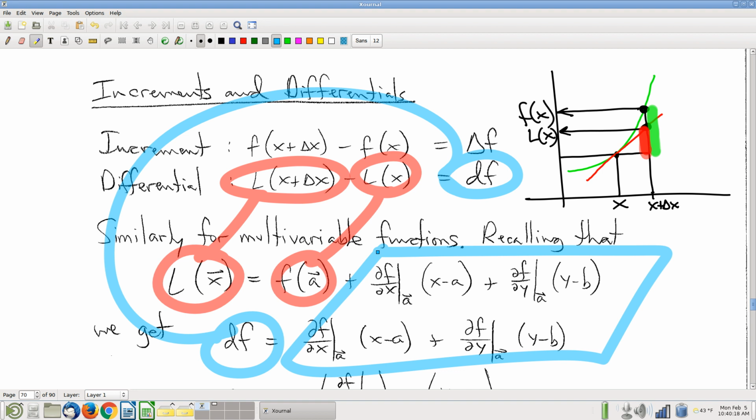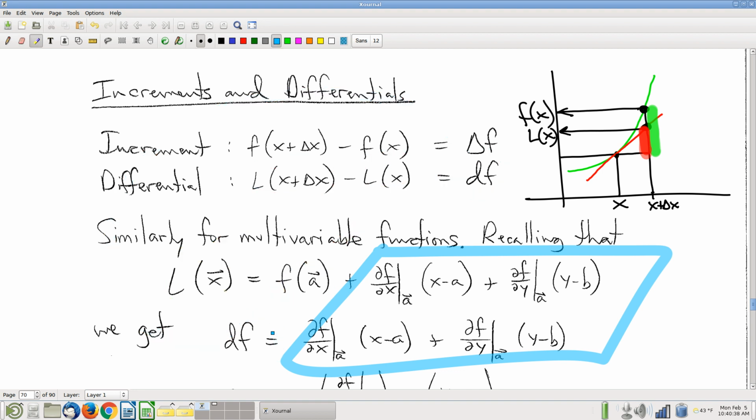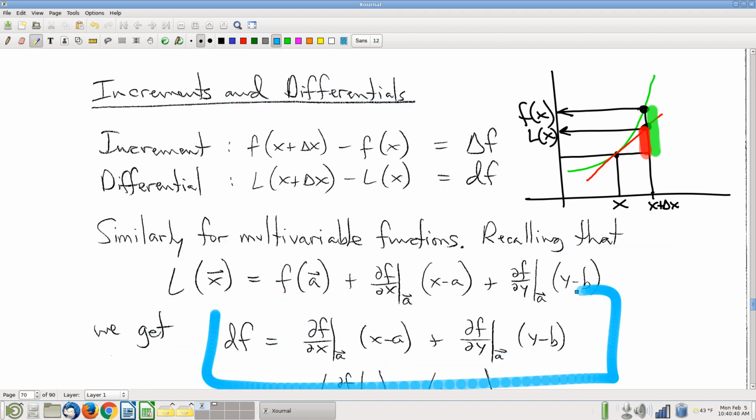Right, so by the way, what a lot of students get stuck on is, this is F and this is L. But of course, these are at the base point. This is at the point, here I'm calling it A. But this is at the point where you're doing your approximation, and of course, at the point where you're doing the approximation, L and F have the same value. Okay, so this is just a multivariable version of a differential.